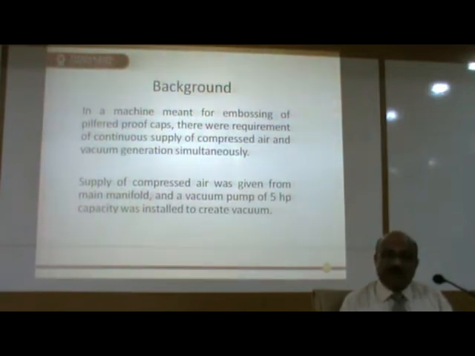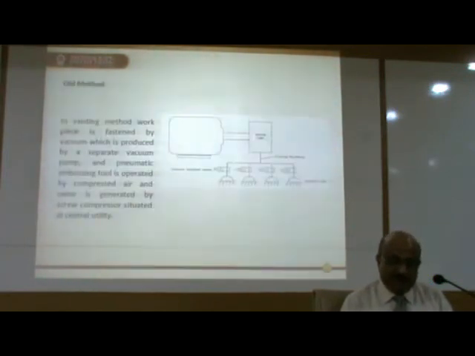So the aluminum caps are there, pilfer-proof caps. They cannot be held in a traditional vice or traditional holding tools. So it is required to just create the vacuum to hold the piece for a while so that embossing can be made, and that embossing tool requires the compressed air. So there is simultaneous use of positive high pressure and negative pressure, and both are created by different machines.